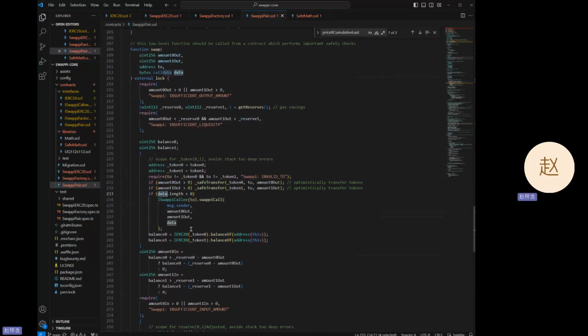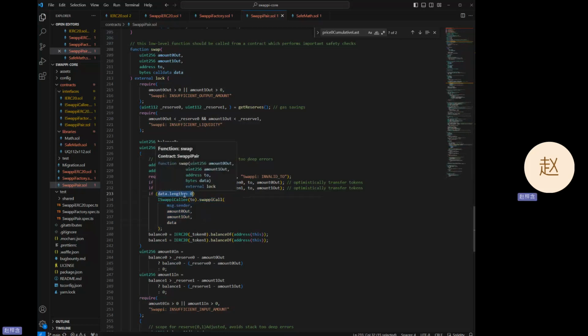So if the data length is greater than 0, we will help the target address wrap it as the Swappi call interface and call a function called Swappi call with the required information. So if the target address is a contract address, it needs to have exactly the same function name, Swappi call.